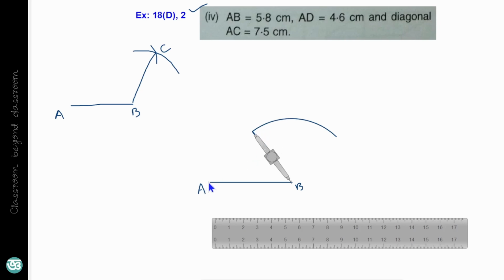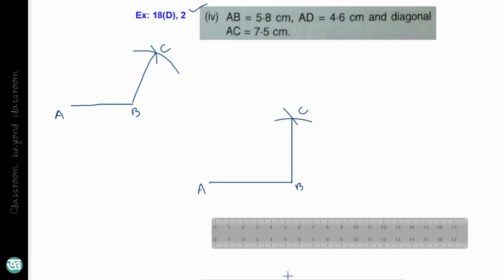Then again from point A to C, that is diagonal AC, that is 7.5 centimeter. Let us take 7.5 centimeter from point A. So this is another arc. So we can remove the unnecessary part. Yes. Now we get point C and we can join BC.